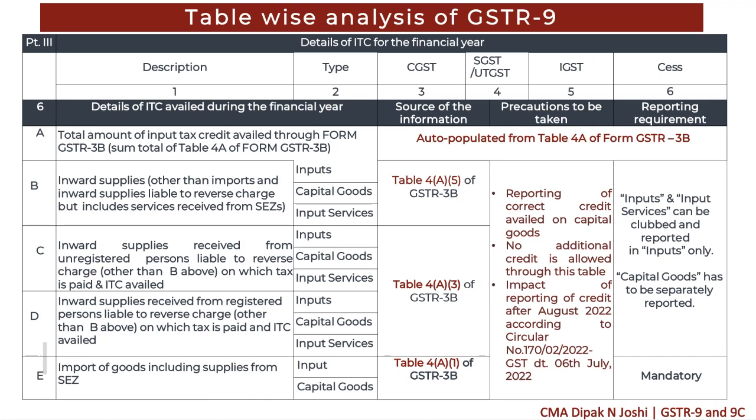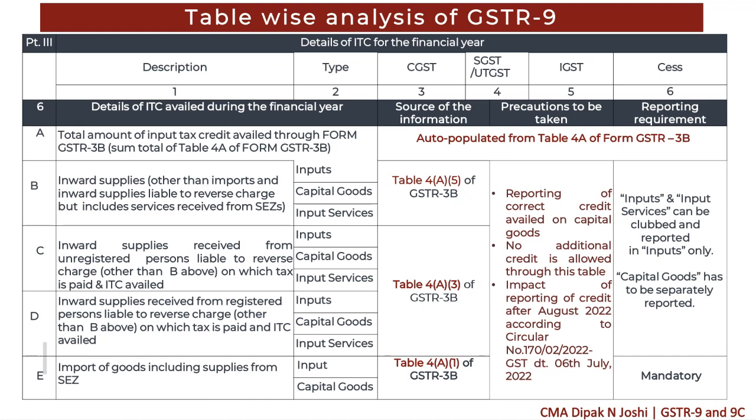But as far as reporting in table 6 is concerned, you just require to report the value of goods, not the value of service. The value of service will go under the heading of input services. So one should always remember that capitalization as per books of account is a different concept from capital goods as per GST law. So reporting the correct figure in capital goods is very essential.